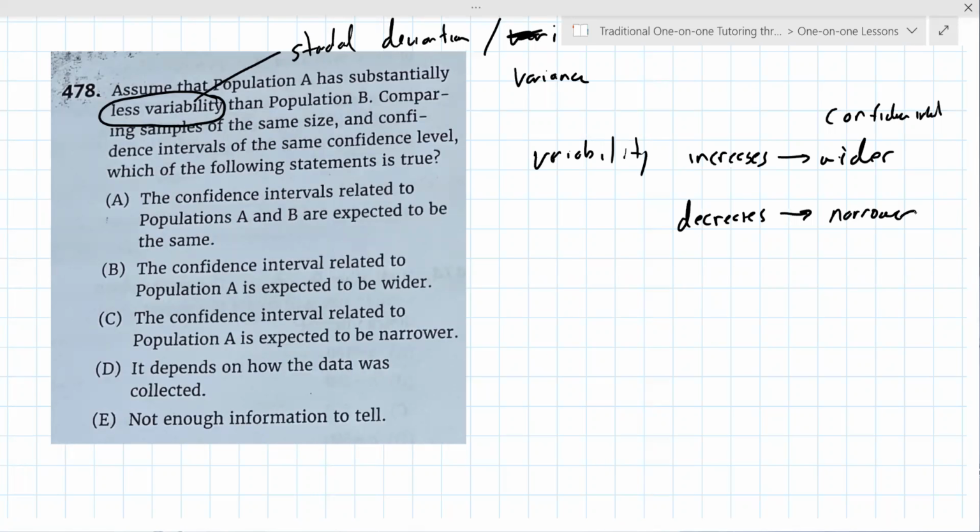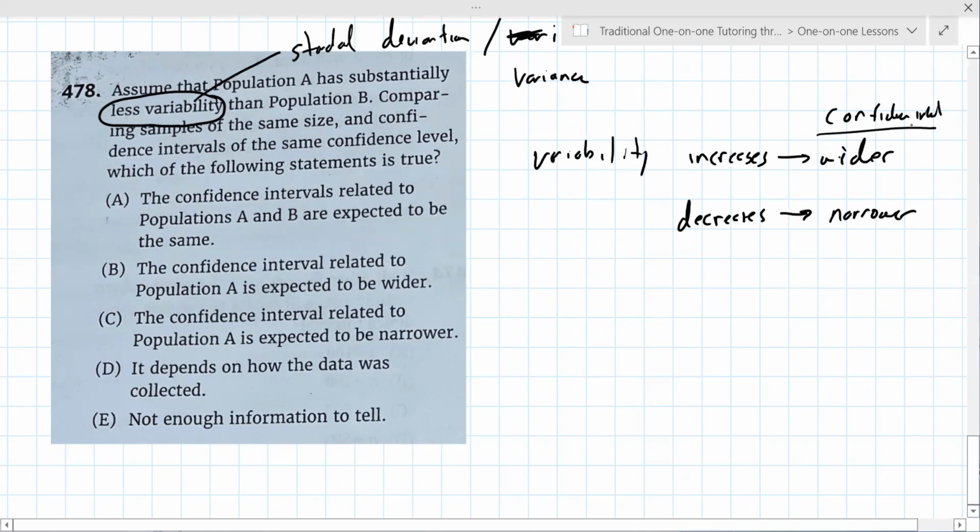Hopefully you can see that the more variability or standard deviation there is, the wider the interval has to be to contain all those values. But if you're pretty sure, with less variance, it's going to be narrower. So in terms of the answer, the one that's less variable is going to be narrower. In this case, A should be narrower than B.